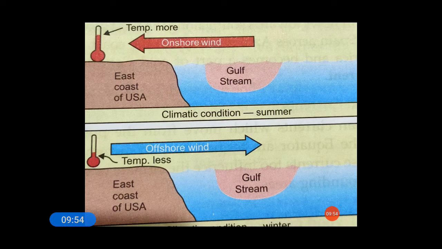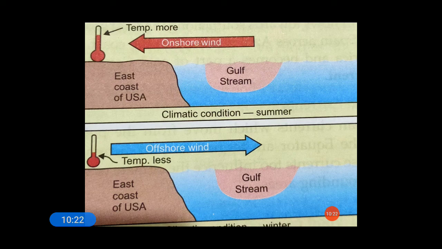So as there is movement of Gulf Stream during the summer season there, okay, or even in the winter season it blows in the same direction, but here the wind blows from the sea to the land. So in that case the Gulf Stream is already warm, so it will try to increase the temperature. Due to the warmness of the water, the hot air blows towards the land, so thereby the temperature of the east coast of Europe will increase during the summer.